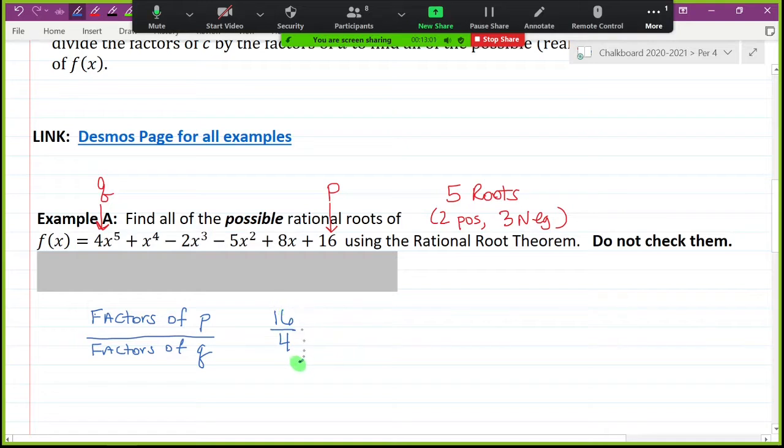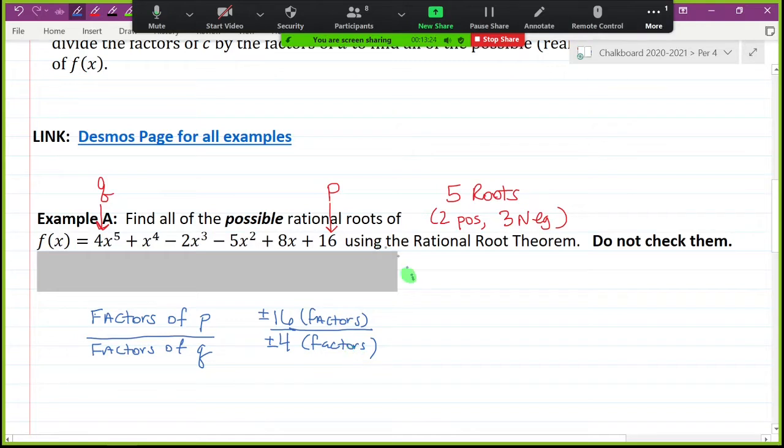But you're not dividing 16 by 4, you're dividing all the factors of 16 by 4's factors. And here's the thing, it's got to be plus or minus for each one of these, because it's possible that it could be plus or minus.